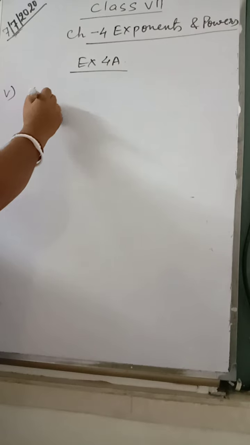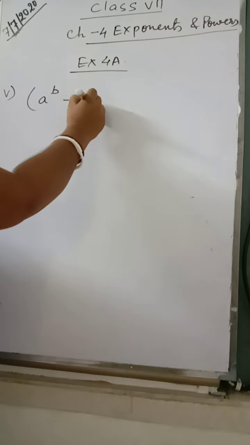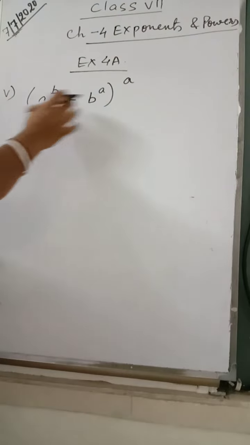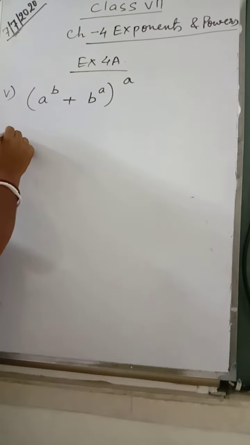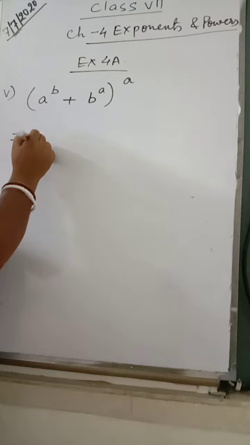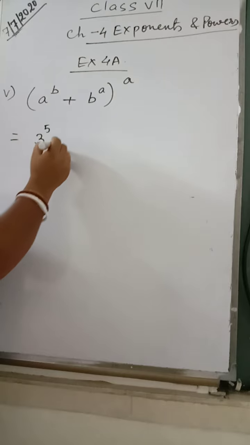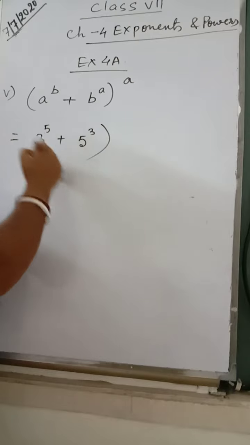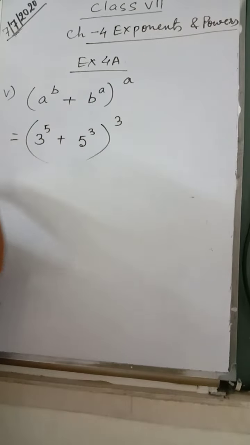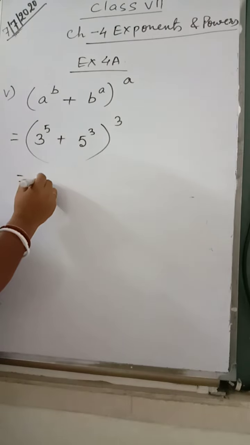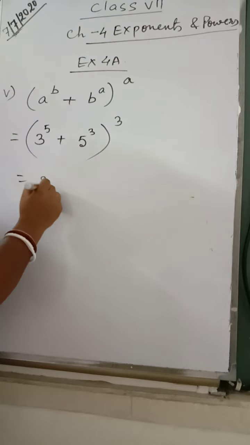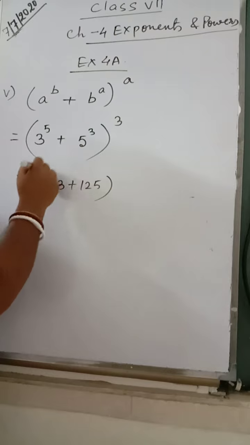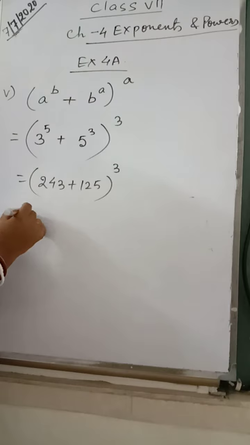It is (A to the power B plus B to the power A) whole to the power A. Now, first we have to solve. A's value was 3 to the power 5 plus B's value was 5 to the power 3, whole to the power 3. Now 3 to the power 5 gives you 243 plus 125, to the power 3.